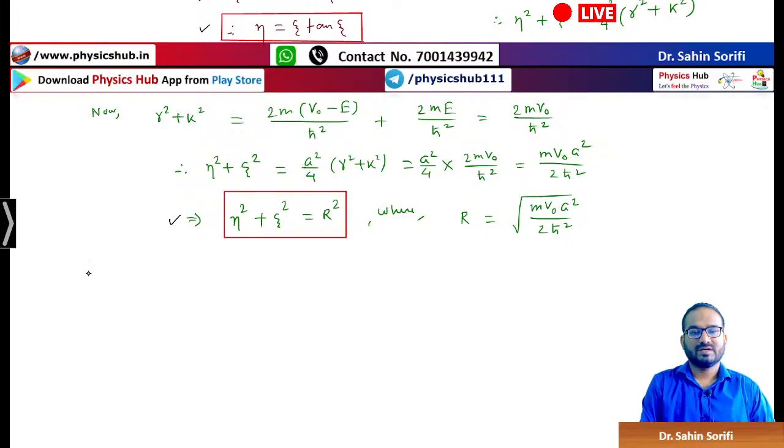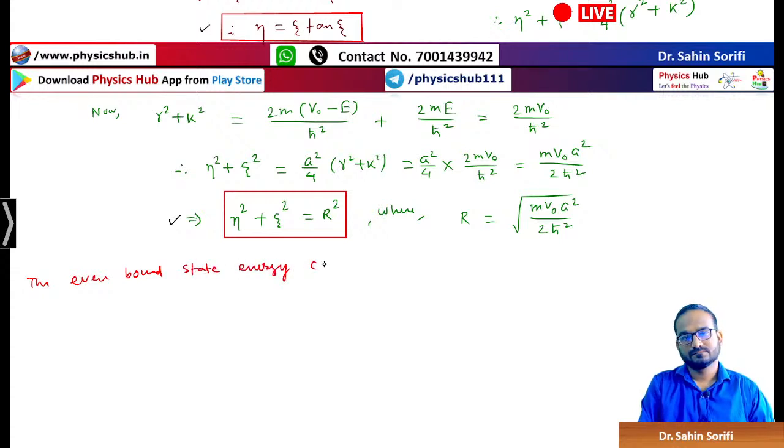So the even bound state energy can be found by the solution of two equations.